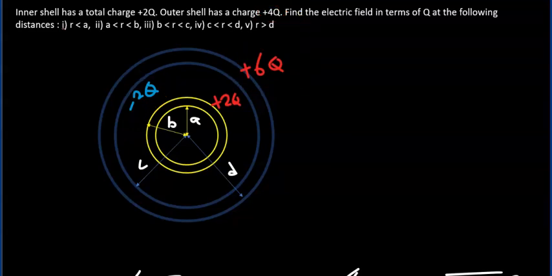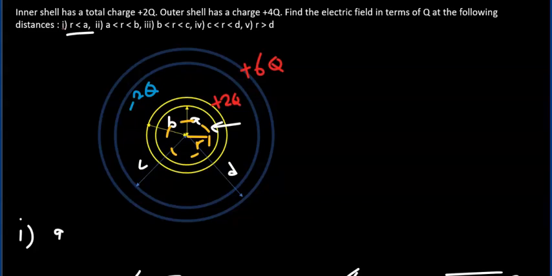Now we are ready to find electric fields at different distances. So let's start with R less than A. Let's construct a Gaussian surface for that distance. The Gaussian surface for R less than A would look like that. So it's a spherical surface with radius R. Now note that this particular Gaussian surface has no net charge within it.